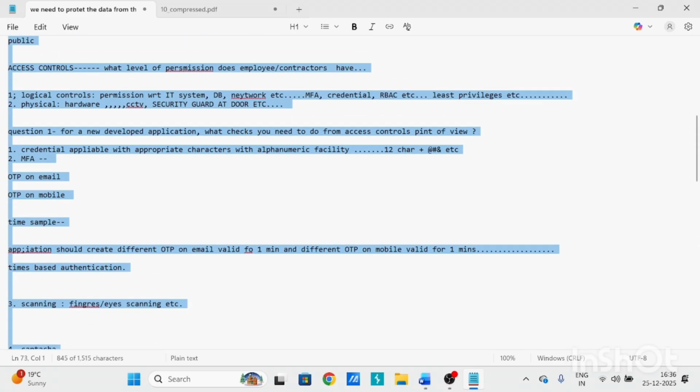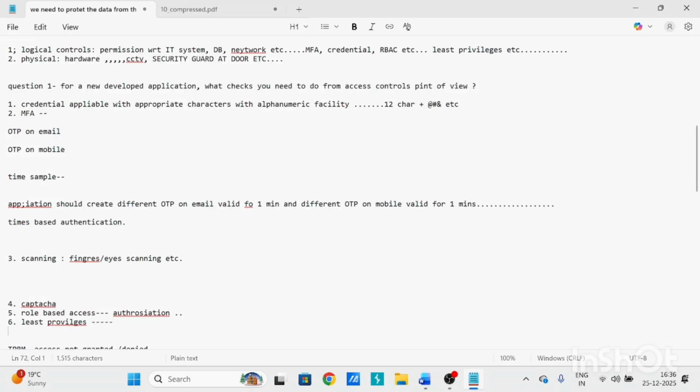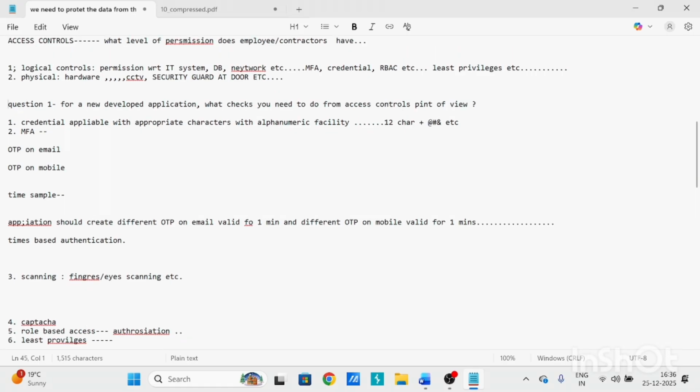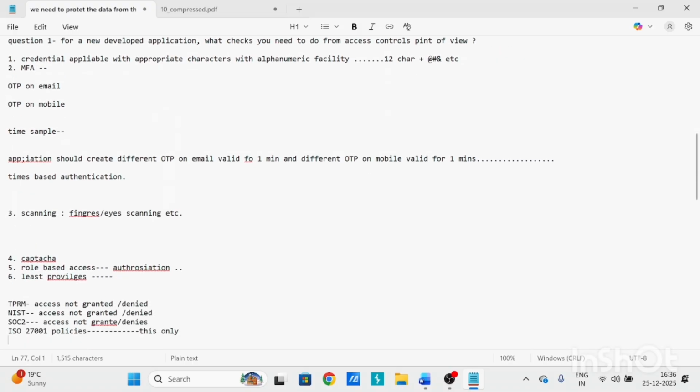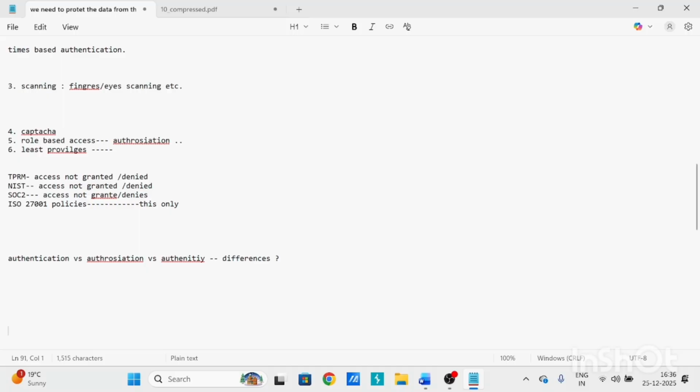If they ask you to explain the components of access control, start with the character and length of the password, then the credentials part, the MFA part, the fingerprint scanner type, the captcha part, the RBAC and authorization part, and the least privileges part. And also explain these examples if you can.